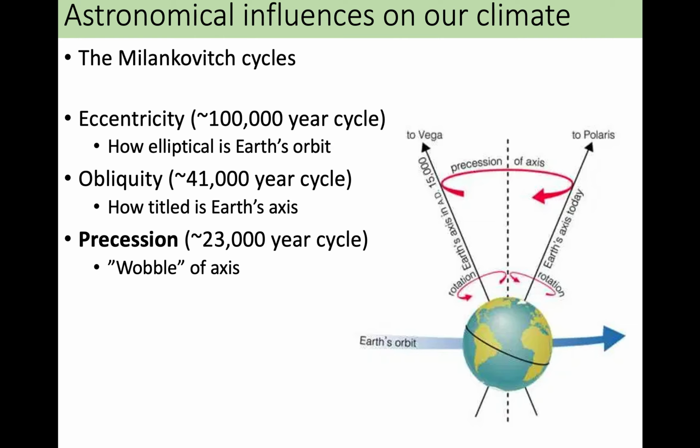But we know that over time, our north celestial pole will shift as our axis wobbles, and our North Star will change. We will have a different star directly to our north than Polaris. But remember, this is about a 23,000 year cycle. So these are all very, very, very long-term cycles. Very long-term, very slow changes.